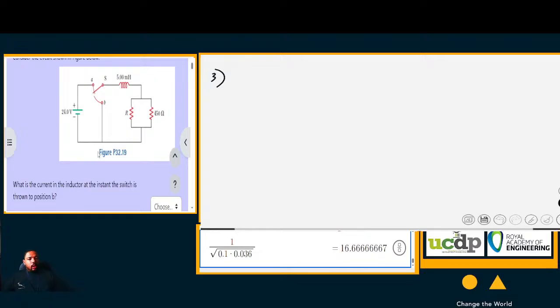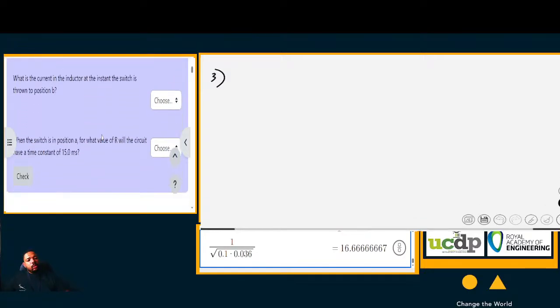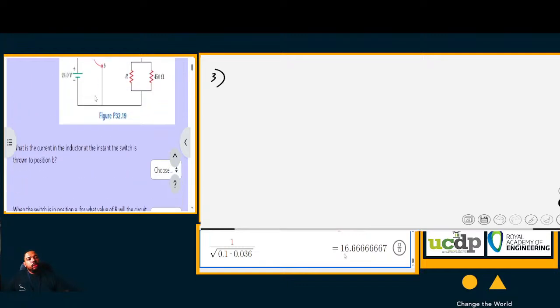It is now closed at A, so you can ignore the middle part. That's at B. You can ignore that for now because no current will be flowing there, technically.